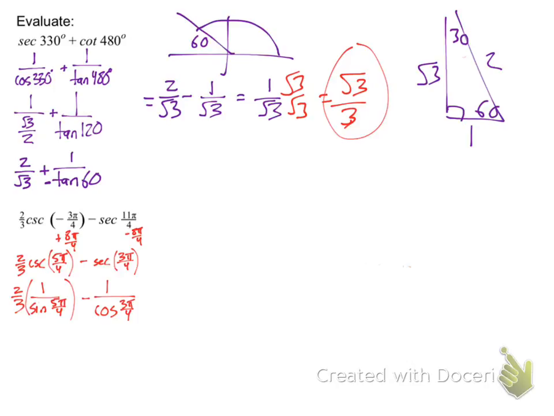Wait a minute, I can go to 5 pi over 4, which is in the third quadrant, at 225 degrees if you had to. And what's the sine value? First of all, third quadrant, sine and cosine are both negative. So what do you end up having? 2/3 times negative square root of 2 over 2, yeah?